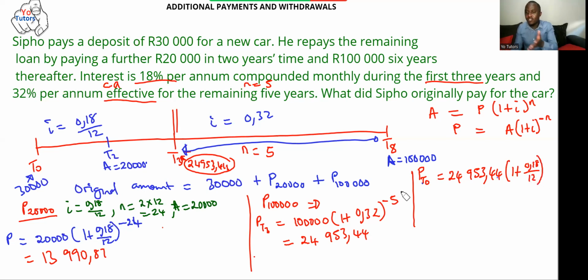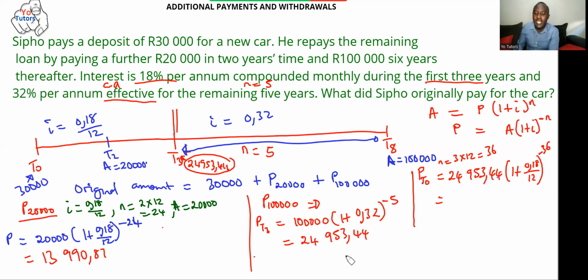Remember, that's why we are doing this split, because of the interest that has changed. Now it's going to be to the power of negative what? We know that this is for 3 years. So 3 times 12 is going to give us what? So our N in this case is negative 36.